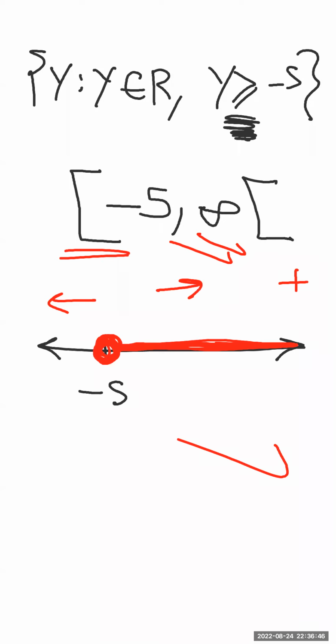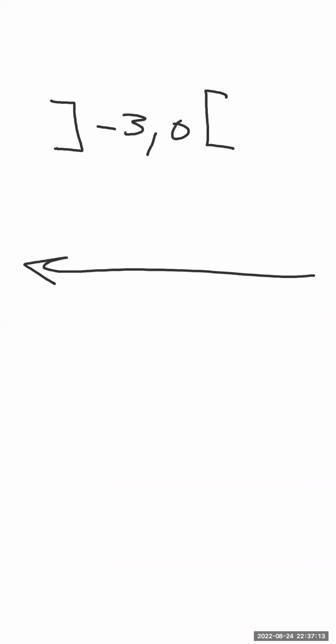Another type of question like this one. The question, guys, is like this: -3 and 0. The question title: represent the following interval on the number line and express it by the description method. Okay. Now, first point, number line. -3 and 0.